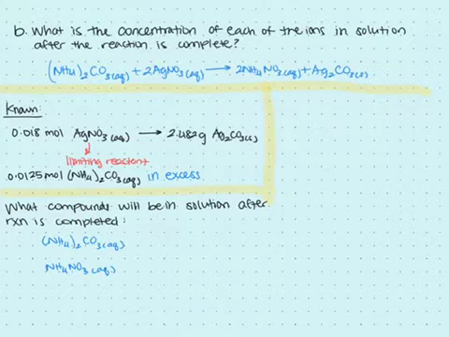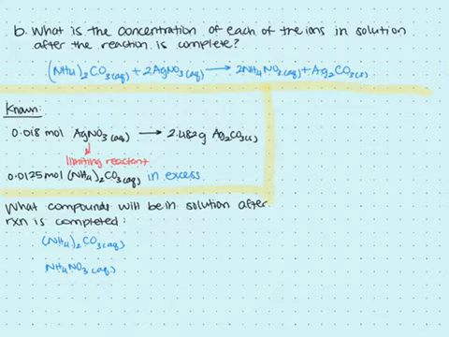So the compounds in solution that will be left over are ammonium carbonate, which is the reactant that was in excess, and ammonium nitrate, which of course is one of the products, so it will therefore be in solution.